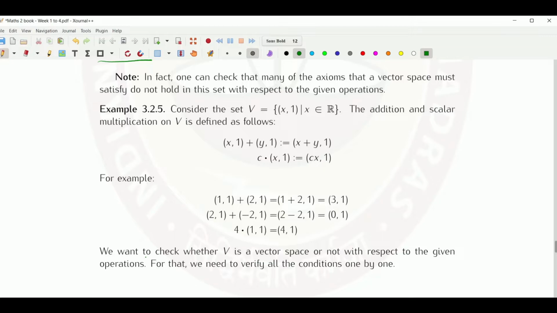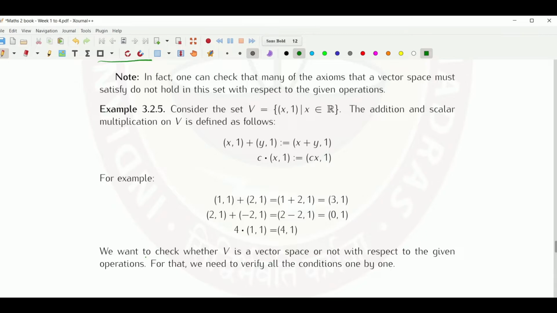If we check the two vectors 1 1 and 2 1, then the addition will be 1 plus 2 comma 1, which is 3 comma 1. And 2 1 plus minus 2 1, if we take, will be 0 comma 1. And scalar multiplication 4 dot 1 comma 1 will be 4 comma 1.